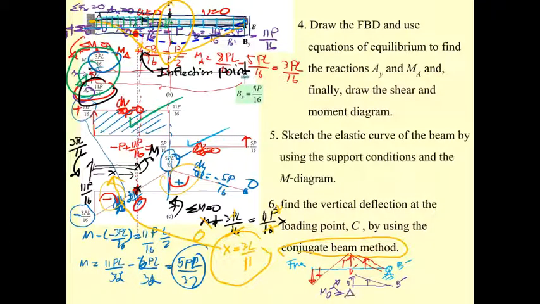M sub D prime is going to be delta D. Before that, it is important for you to find this one first, B sub y prime. So we start by finding B sub y prime. And then if you know B sub y prime, you may take the moment here and find M sub D prime. Okay, coming to this.